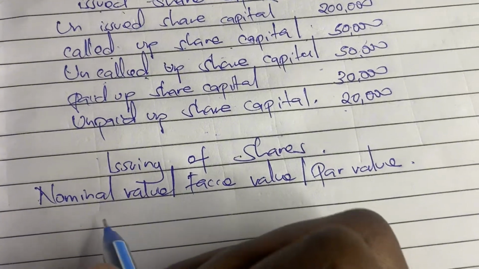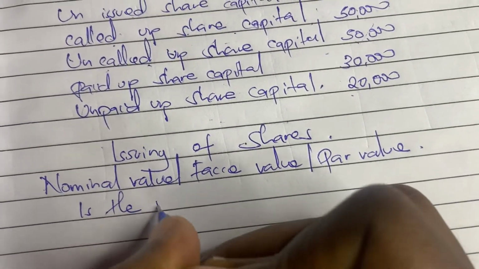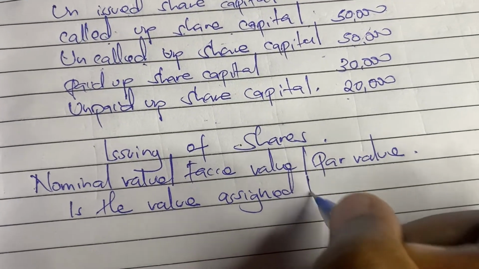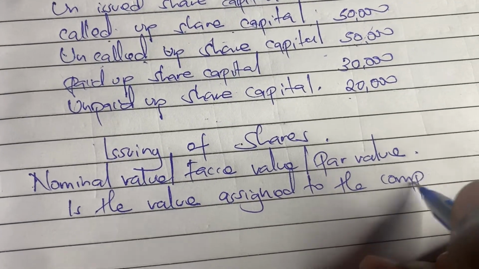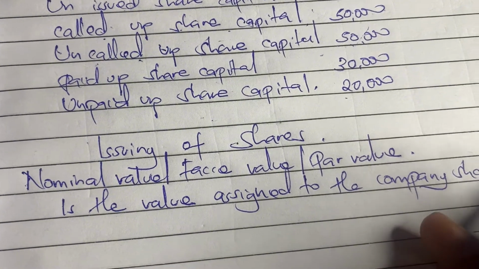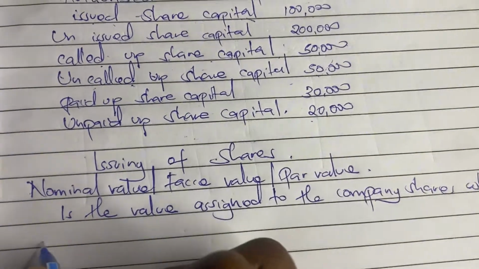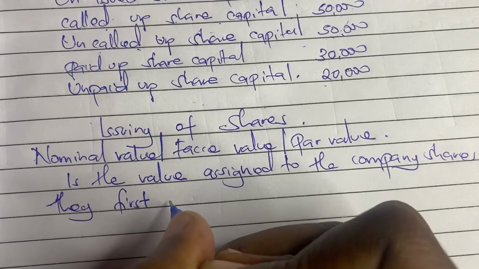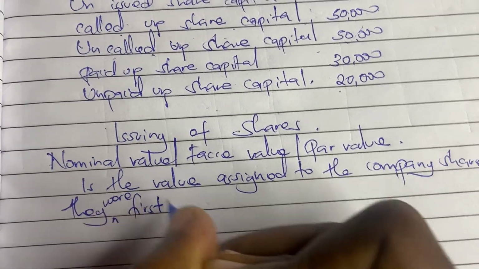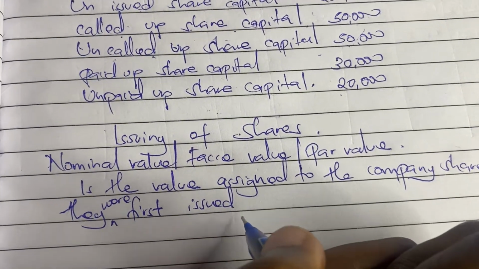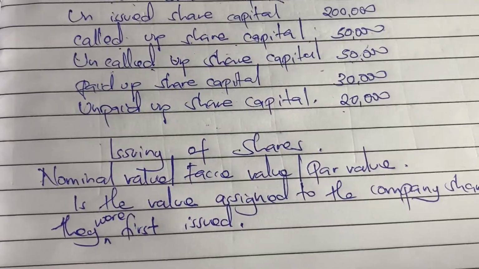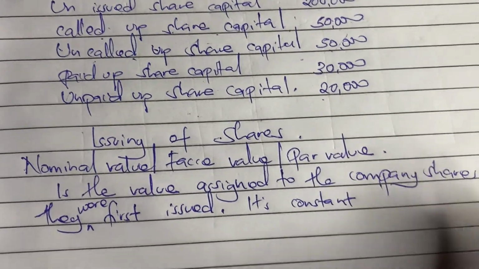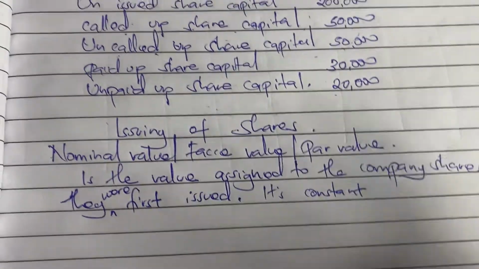So this one is the value assigned to the company shares when they were first issued. And it is usually constant.